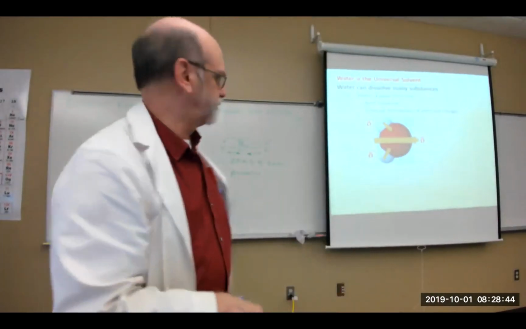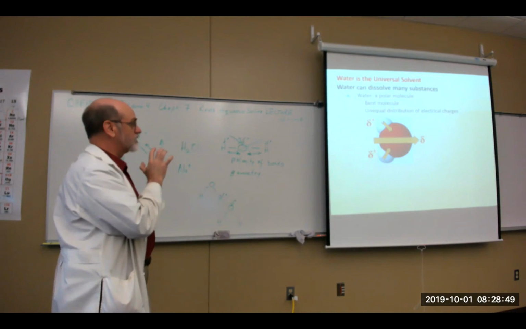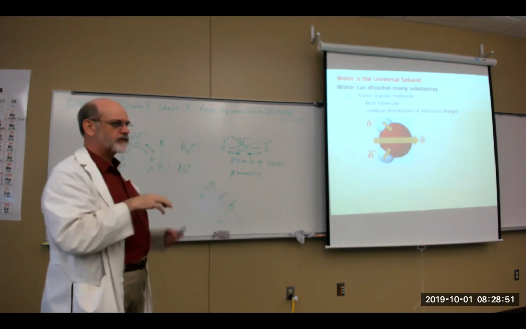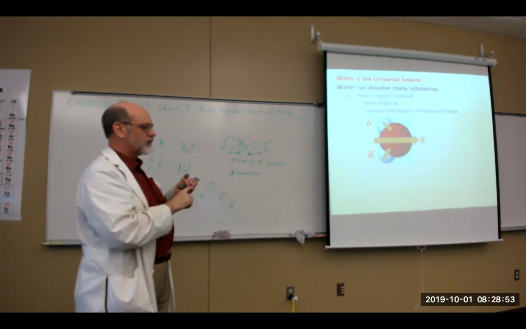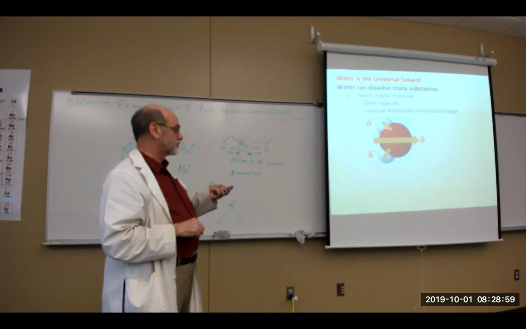All right. So let's pick up where we left off. The polarity of the water molecules is due to two things: the polarity of the individual bonds, and then the shape of the molecule.